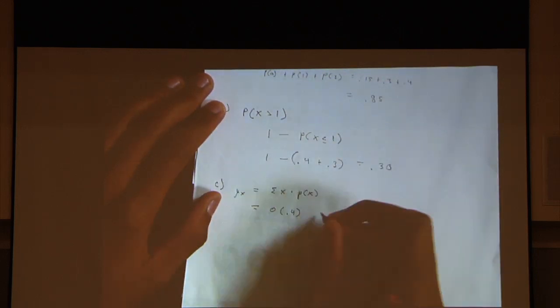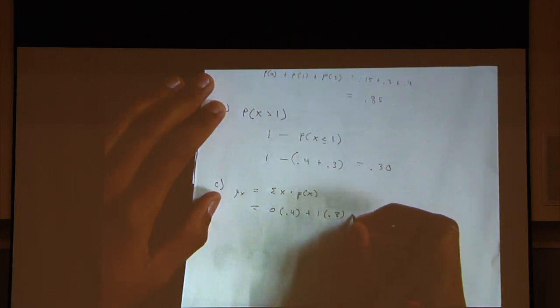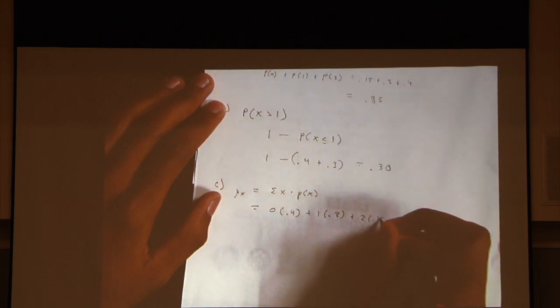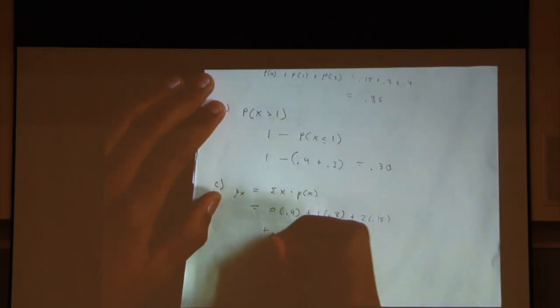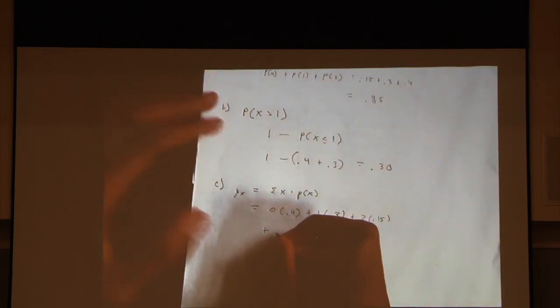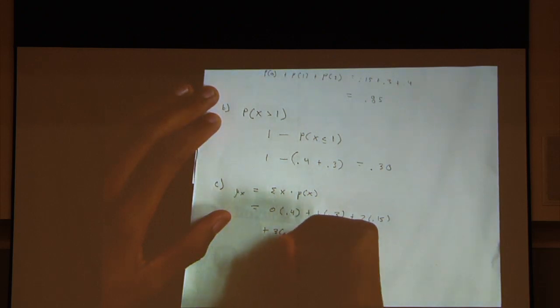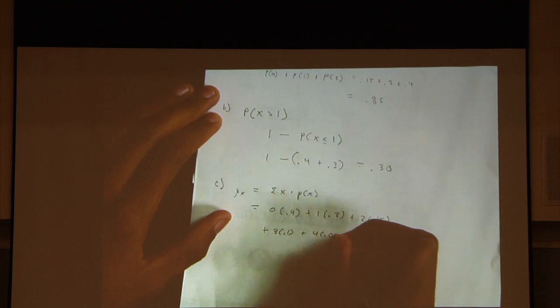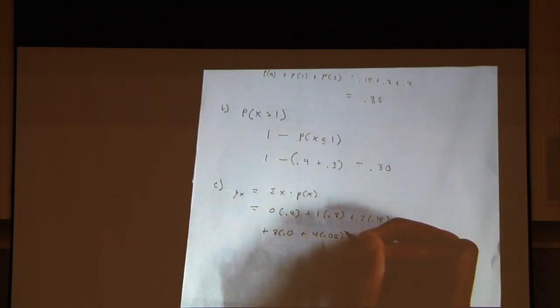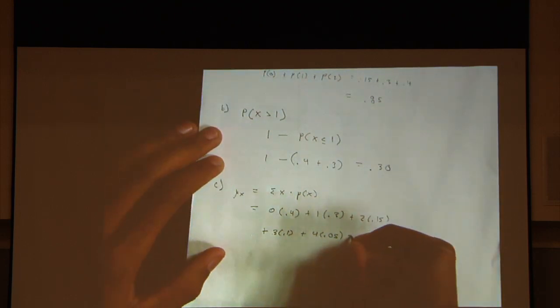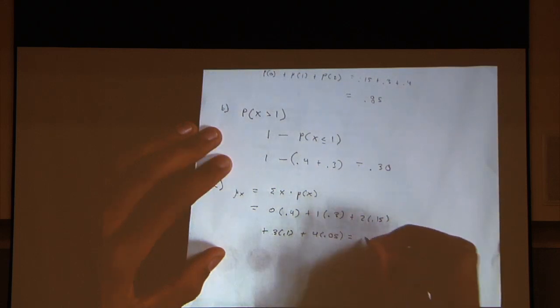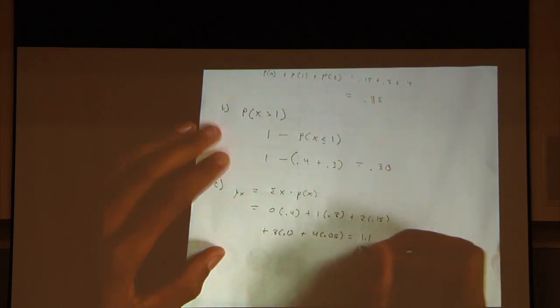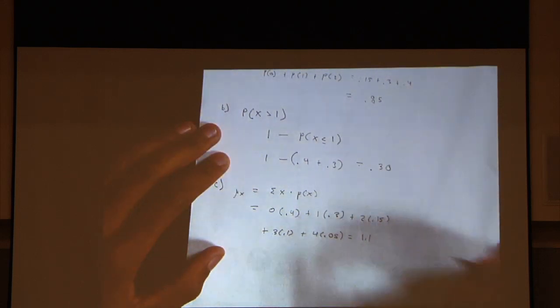So if I do 1 times 0.3 plus 2 times 0.15 plus 3 times 0.1 plus 4 times 0.05, that should all add up to 1.1.